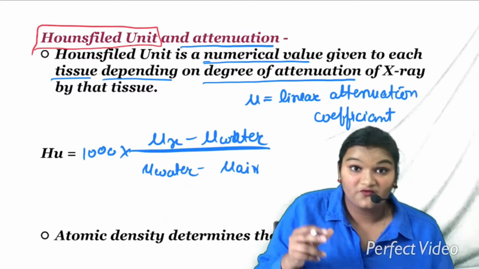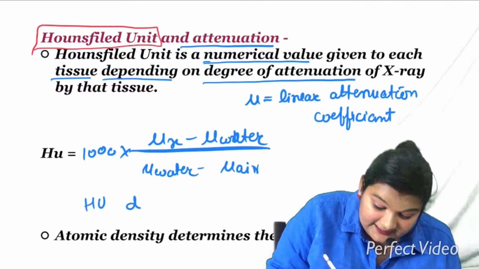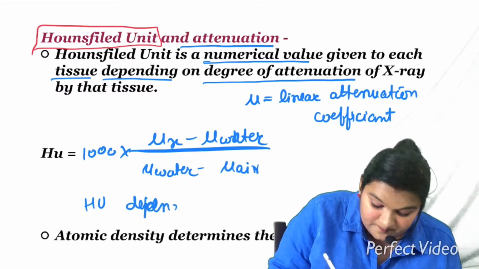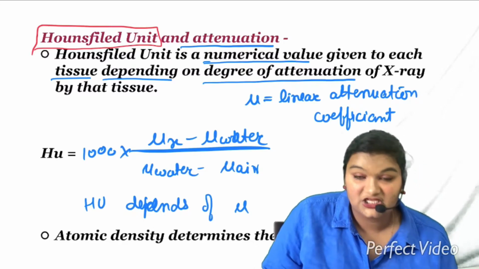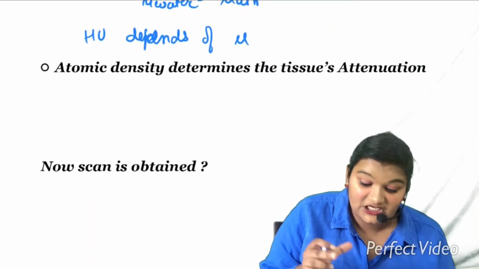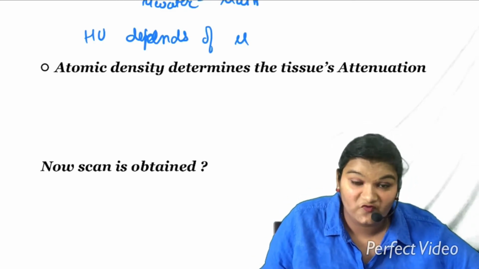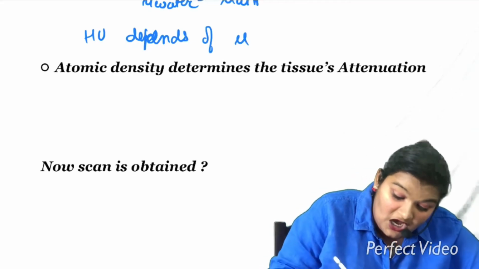Okay, so what we are able to derive from this formula is that Hounsfield unit depends on this linear attenuation coefficient, and this linear attenuation coefficient depends on the atomic density of the particular tissue. How?